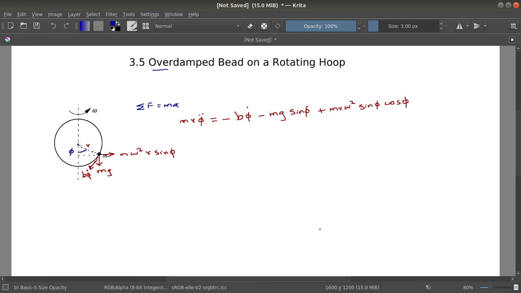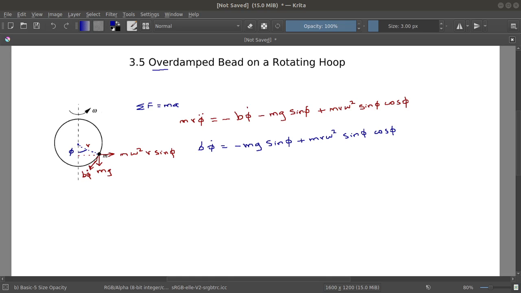So the governing differential equation which we are going to analyze further is B phi dot equals minus mg sine phi plus m r omega square sine phi cos phi.